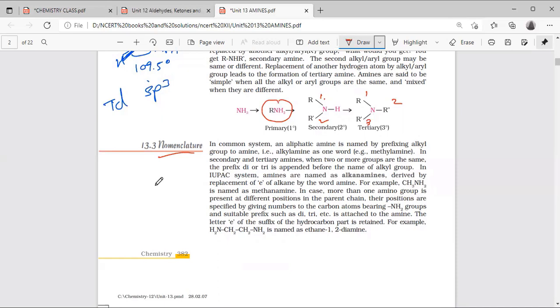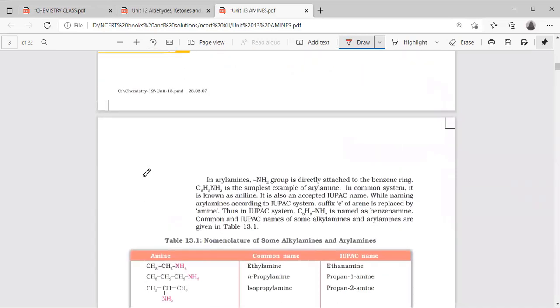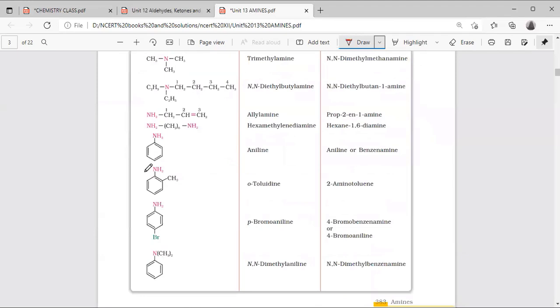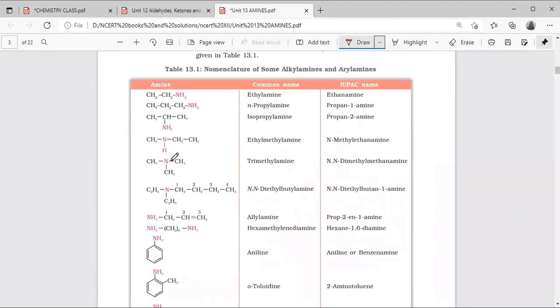Then nomenclature. Nomenclature, common name and IUPAC name. In the common name, amine is common. The alkyl group is taken as a substituent. So this is ethyl as a substituent, ethyl plus amine. In IUPAC name, ethane plus amine.